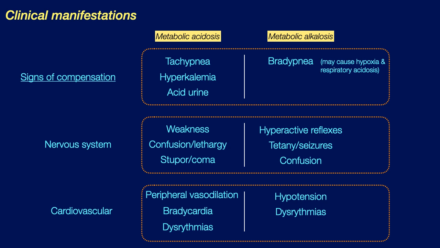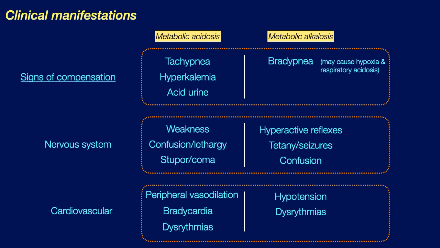In the nervous system, with metabolic acidosis, we'll have weakness and confusion, lethargy, stupor, and even you may enter a coma. While in alkalosis, we'll have hyperactive reflexes, the patellar reflexes and all those, tetany, seizures, and confusion.